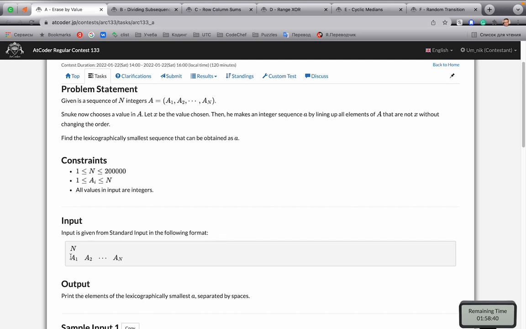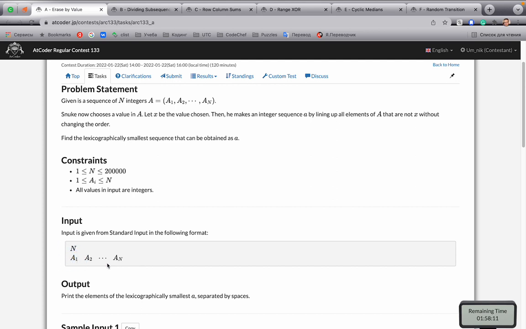or we have to delete all the occurrences of the first element, and then the first element will be the first element in the initial sequence which is not equal to the first element.